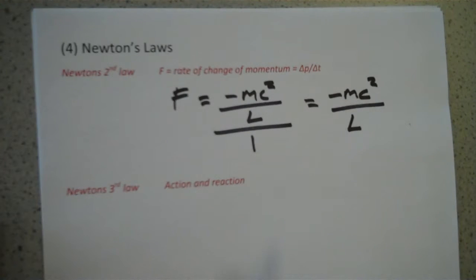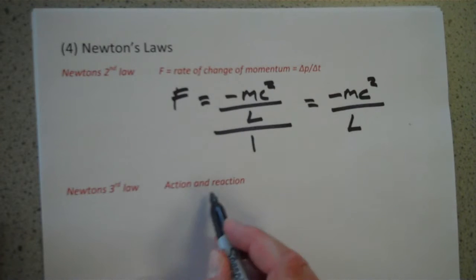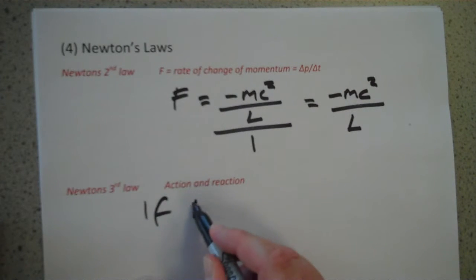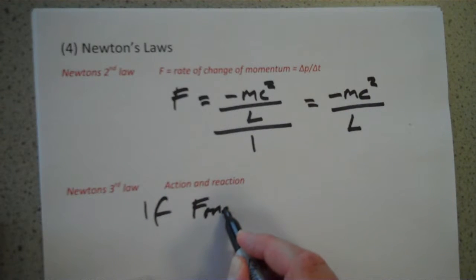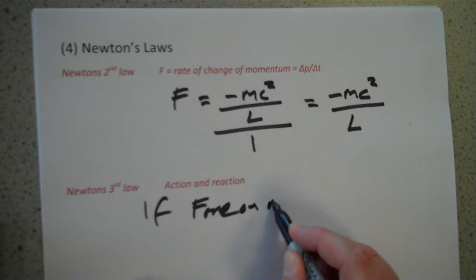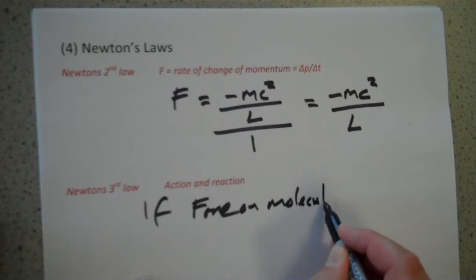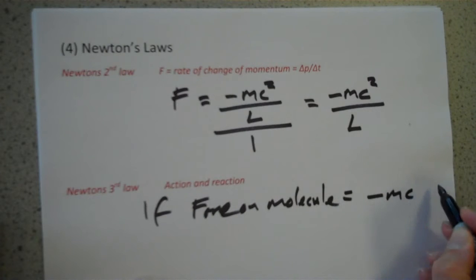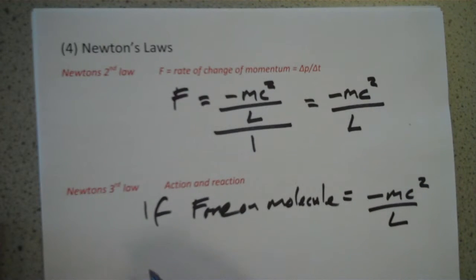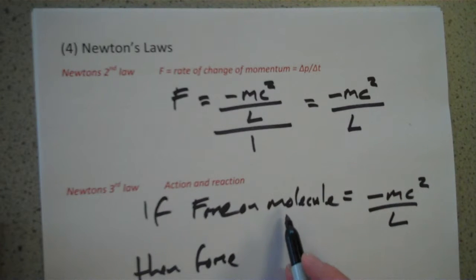But that's dead easy, because of Newton's third law, action and reaction. If the force on the molecule is equal to minus mc squared over L, then the force on the wall, so this is the force on the molecule from the wall, and the force on the wall from the molecule is the Newton's third law pair.